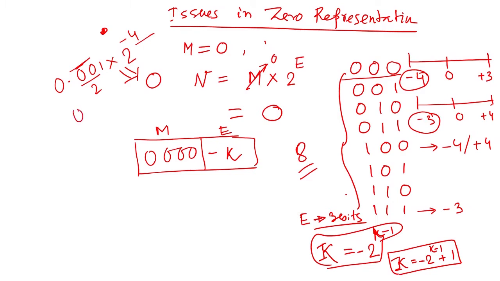If you put 0.01, this will be 2 to the power -5, so you cannot represent it using 3 bits. Therefore, this one thought is saying you represent the number with mantissa 0 and then exponent as the highest negative number.